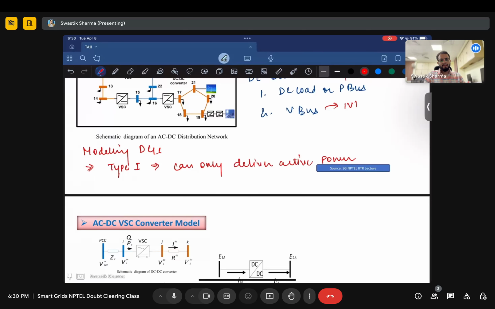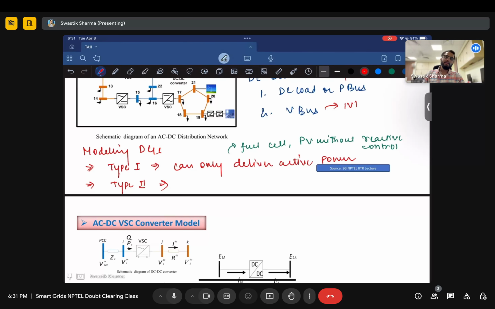A fuel cell is only able to deliver active power. Or let's say your PV without reactive control. If you don't have any reactive control, what you have is essentially just active power being taken from the DG.